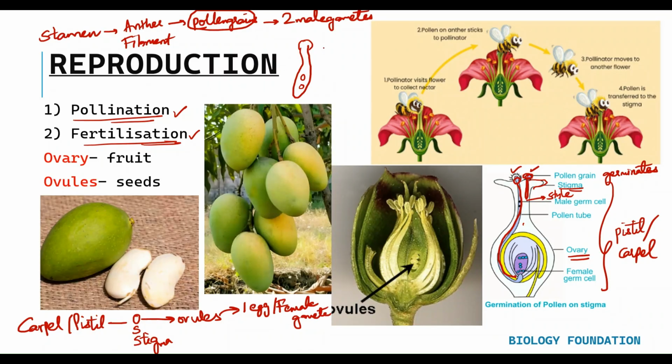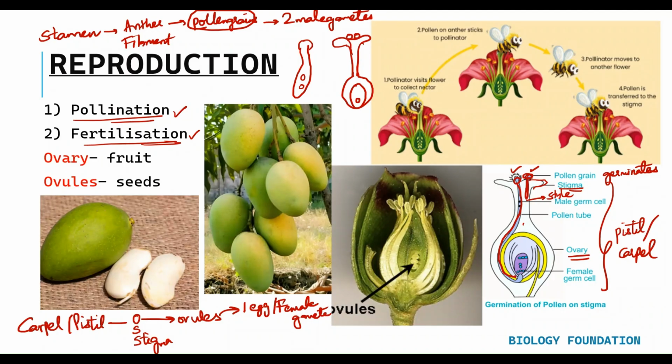So now what's happening? Let's consider this structure where you have ovary, style, and stigma. Inside the ovary, let's assume you have an ovule, and inside one ovule you have one egg cell, right? Now let's assume there are two pollen grains that have fallen on the stigma, but out of these two pollen grains, only one will germinate and form the pollen tube.